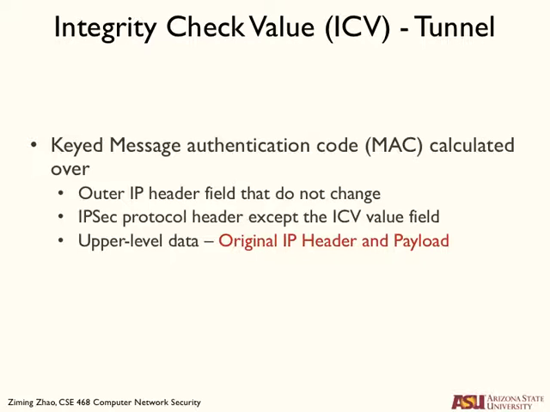We are not adding one header there. And we are going to calculate the integrity value of all the IPSec headers except the integrity field itself, and also all the upper layer data, TCP, or in the tunnel mode, the original IP header and the payload will be considered into this calculation. So this is how IPSec computes or maintains the authenticity and integrity.